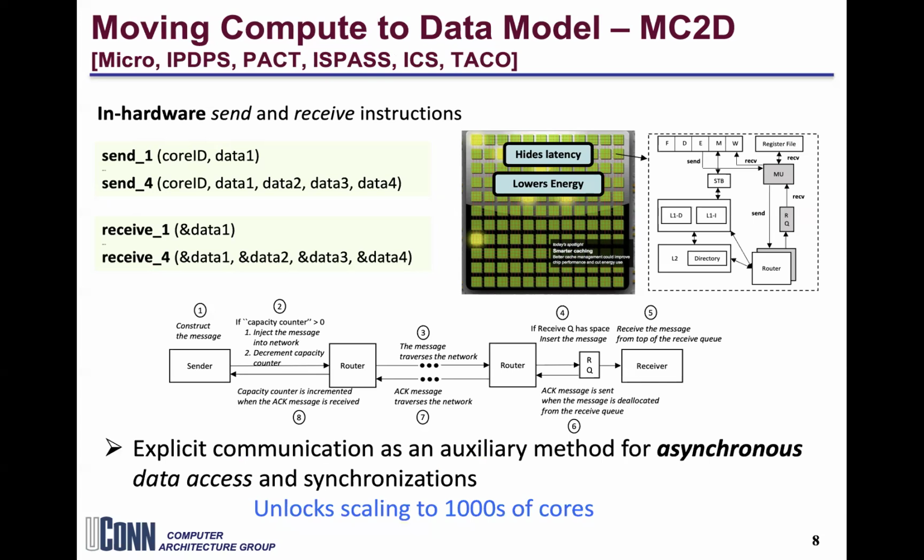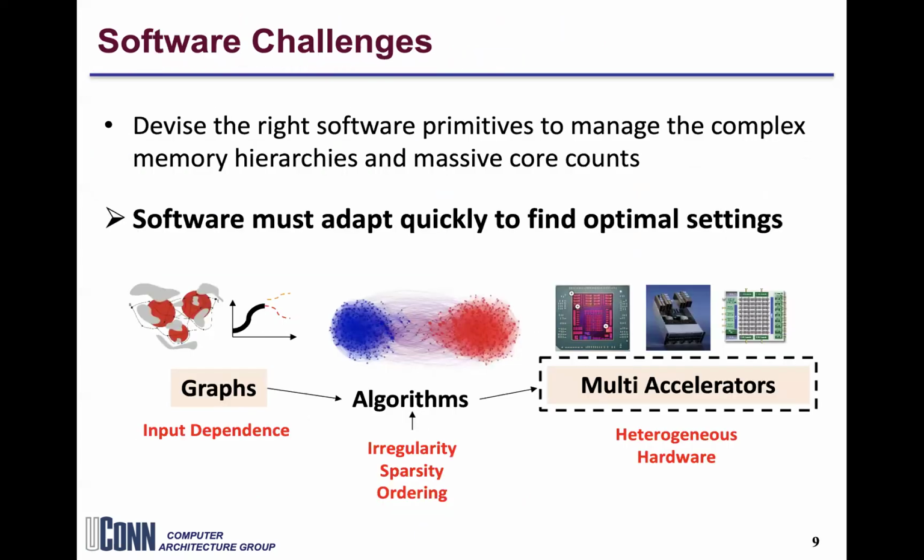So now we can support non-blocking loads and non-blocking stores, but non-blocking loads more specifically, to unlock scaling to larger core counts. Okay, so that's a sample of the hardware space. I just want to quickly run through some of these ideas. The essence was to build asynchronous data access protocols.